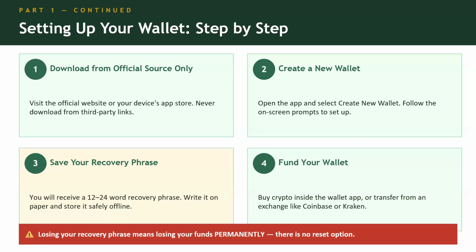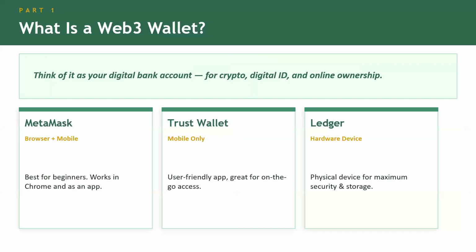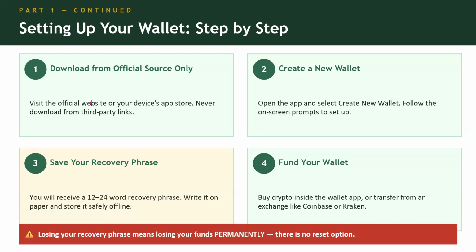The first thing you want to do is download from an official source. From an official source only. Visit the official website or device app store. Never download from a third party link.